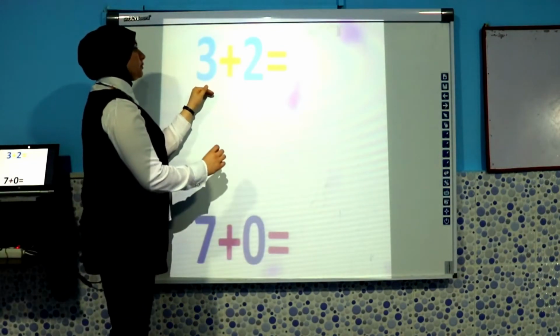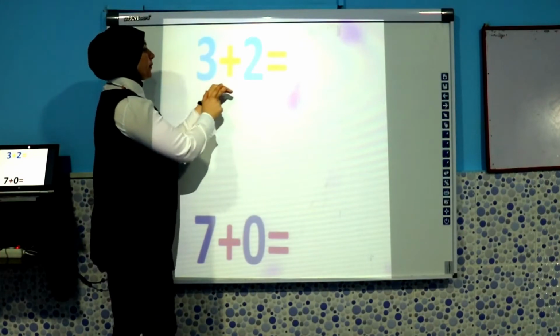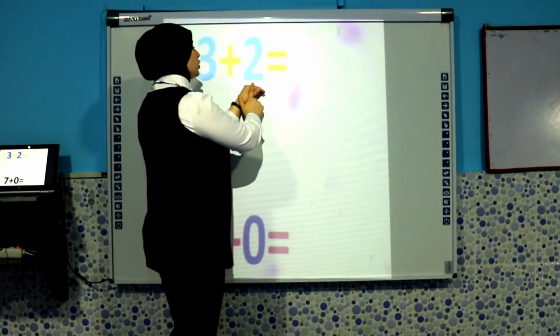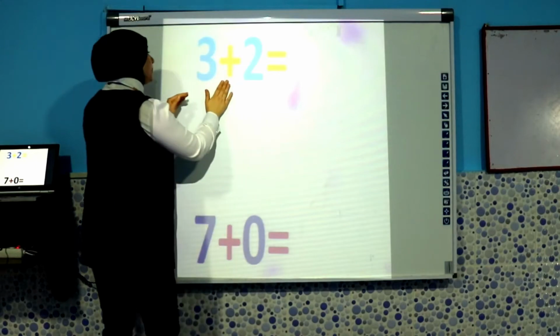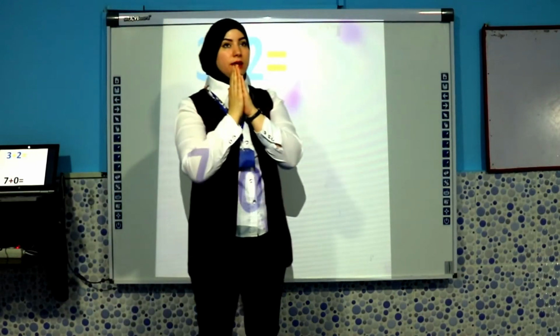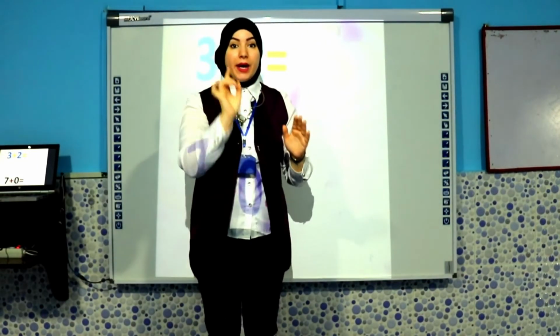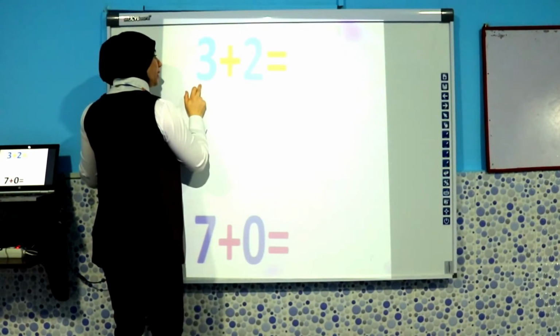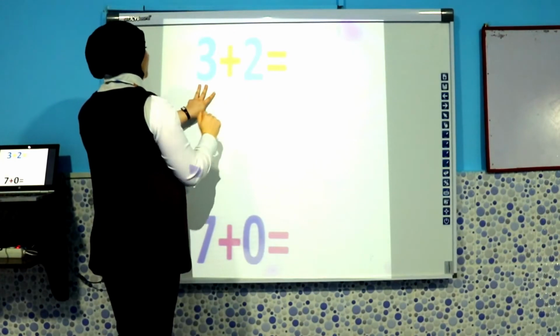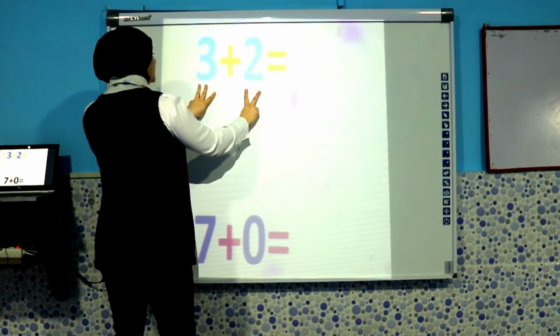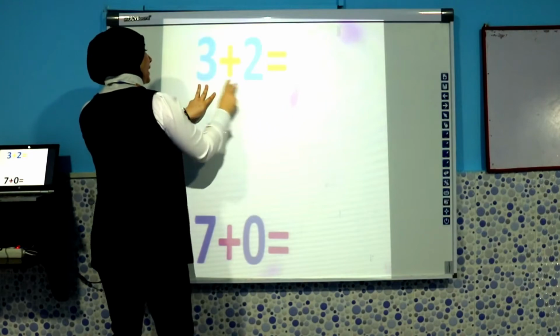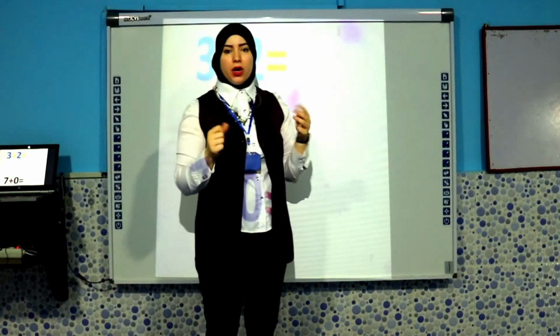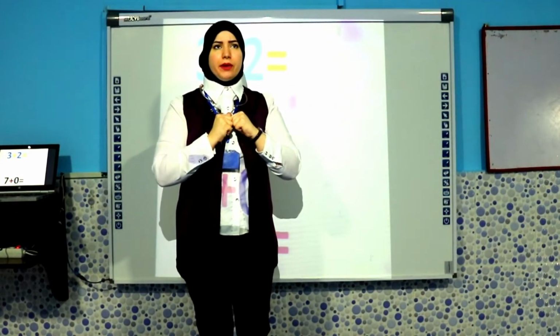Let's read the equation. 3 plus 2 equals. Plus, as we said before, is searching for the bigger number. Which one is the bigger number here? 3 or 2? I have 3 and I have 2. Excellent. 3 is the bigger number. What am I supposed to do with the bigger number?